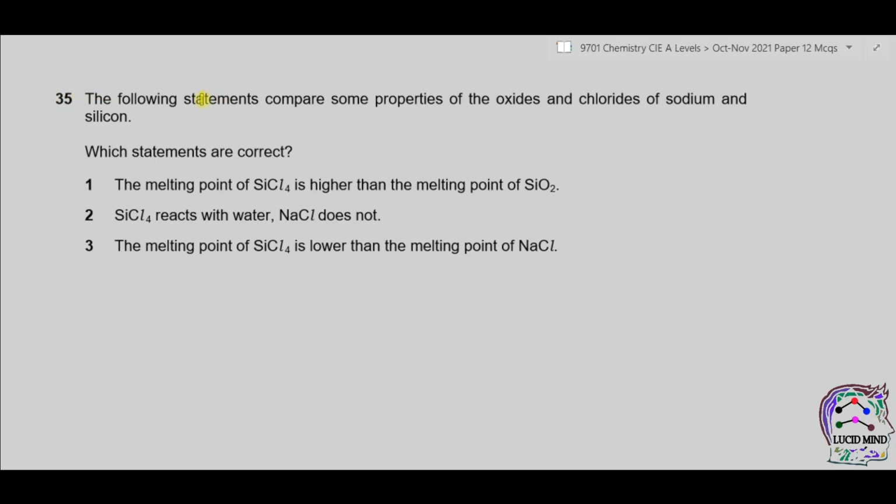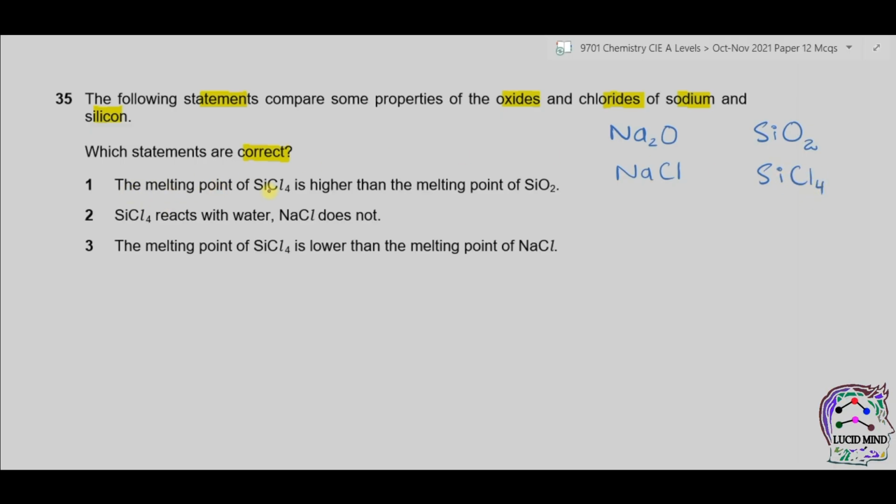Question 35. The following statements compare some properties of the oxides and chlorides of sodium and silicon. Which statements are correct? For sodium, we have sodium oxide Na2O. For sodium, we have sodium chloride, that is NaCl. For silicon, we have silicon dioxide SiO2 and we have silicon chloride SiCl4.